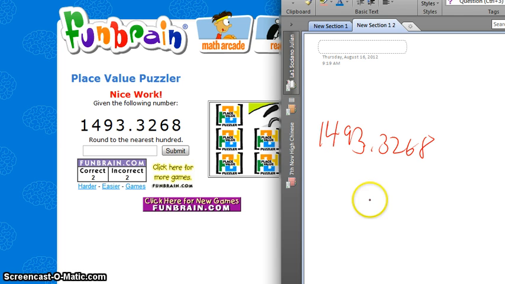We got a 9. 9 is greater than 5, which makes the 4 round up to 15. And 9 and all its friends turn into 0. But the decimal point stays the same. So we now have 15,000, 1,500, and then 0.